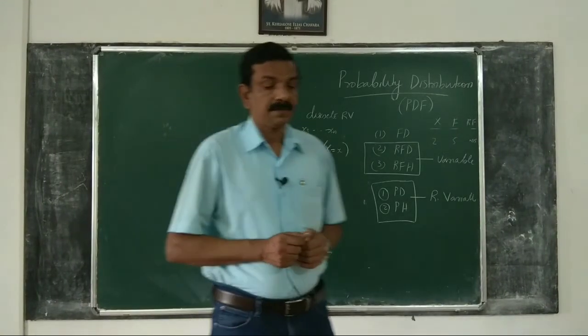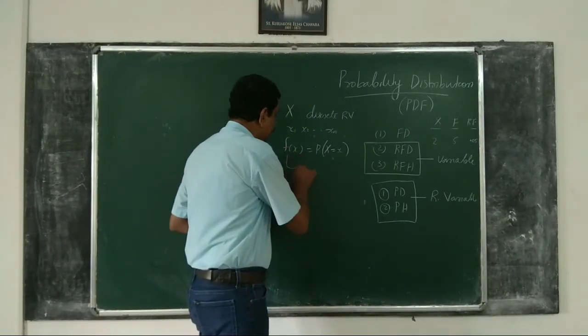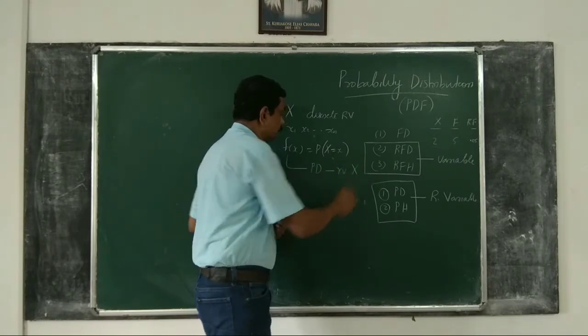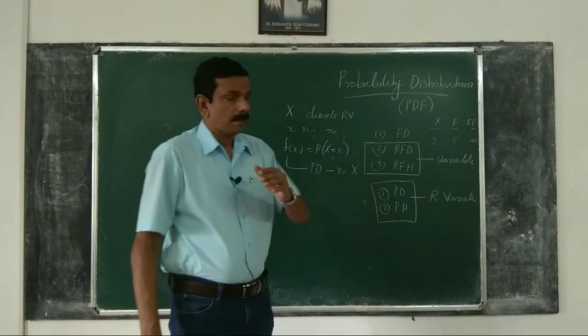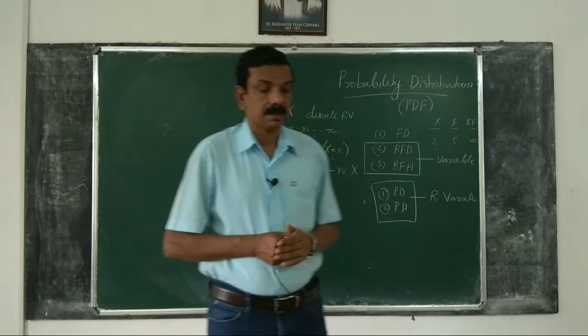Then f(x) is called the probability distribution of the random variable X.